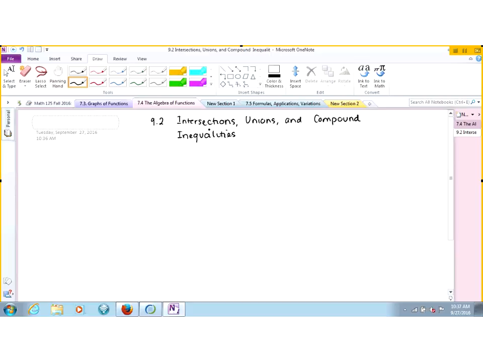Okay, so anyway, let's talk about intersections. Right. So intersection.